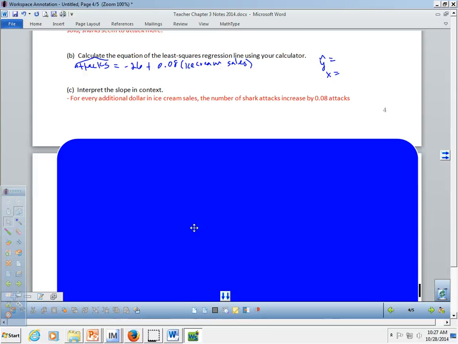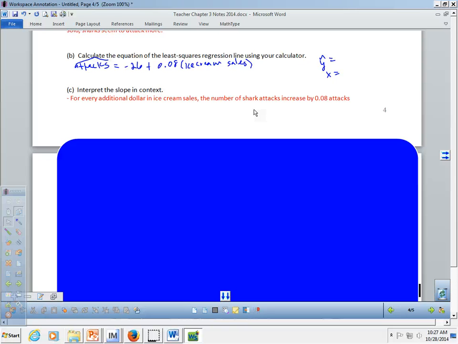Now, that's the textbook interpretation of slope. And you can play around with this a little bit to make it make more sense. 0.08 attacks. You can't have 0.08 shark attacks. So what you could do is adjust this a little bit and say that for every additional $100 in ice cream sales, the number of shark attacks would increase by 8 attacks, right?